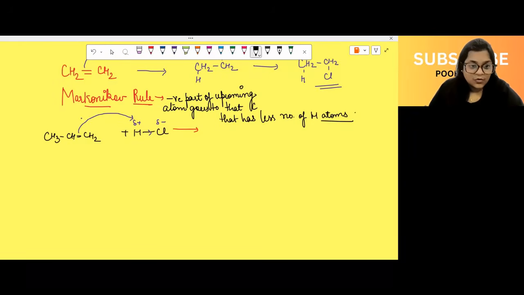Right? That means over here, if you see, this is 1H, this is 2H. So my negative part, which is chlorine, will go to this part, which has less number of hydrogen atoms.